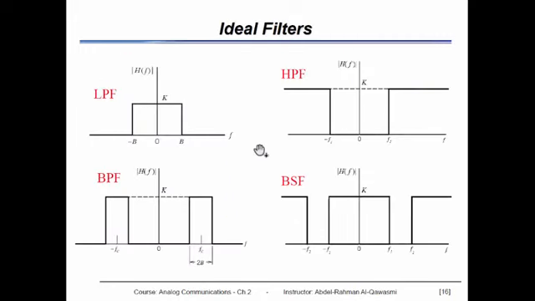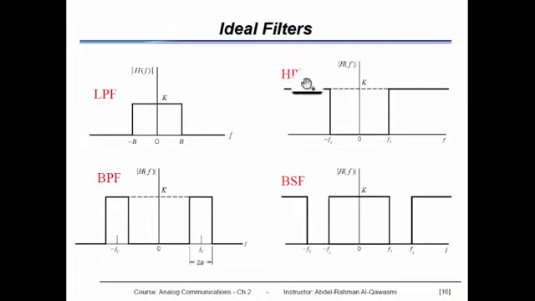These are ideal filters, and as I told you before, when we talk about ideal filters, it means we have only two bands. We have the stop band, and this is our pass band. The stop band rejects, and the pass band passes our frequencies.